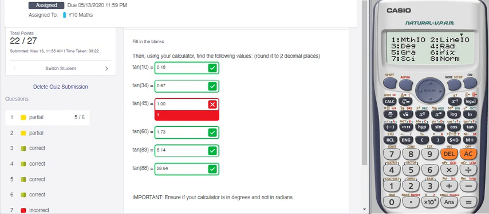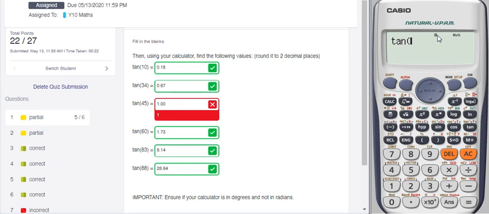We are not working with radians so far, so you just have to press number 3, and then you're gonna see this D here. This is very important. If you are seeing another letter here, it means that you are working with another unit than degrees, and then you're gonna find the wrong answers.